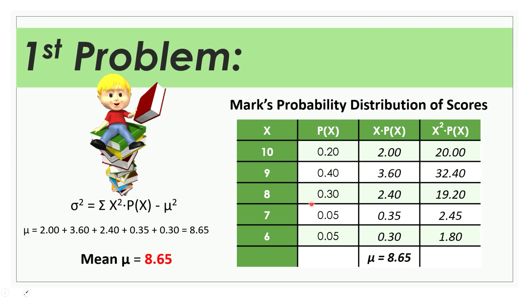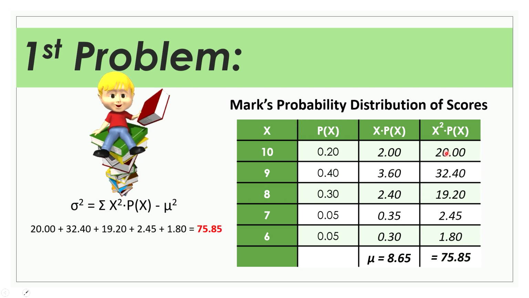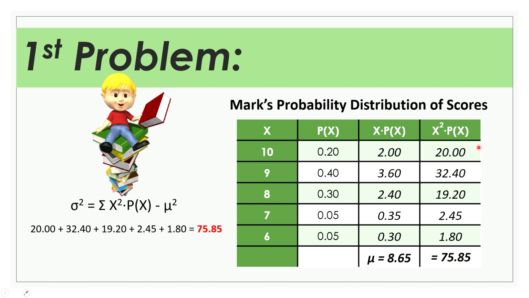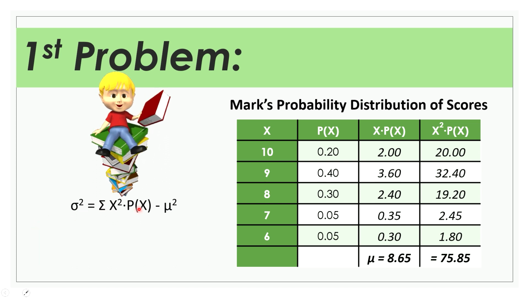So yung ating summation of x squared multiplied by p of x, so i-add natin yung mga value natin dito sa column na to. So 20 plus 32.40 plus 19.20 plus 2.45 plus 1.80 is equal to 75.85. So ito na yung value ng ating summation of x squared multiplied by p of x.